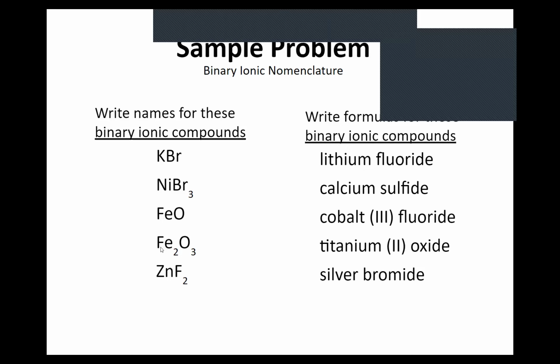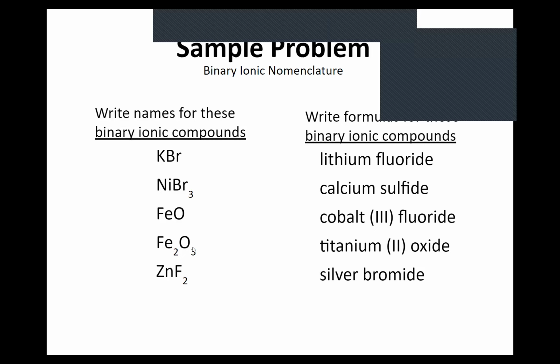Now contrast that with the next one down. Here it's still the same elements, iron and oxygen, but this time the formula is Fe2O3. Okay, if it's Fe2O3, that means two atoms of iron of some charge we don't know pairs with three atoms of oxygen whose charge is always -2 because oxygen's not a transition metal.